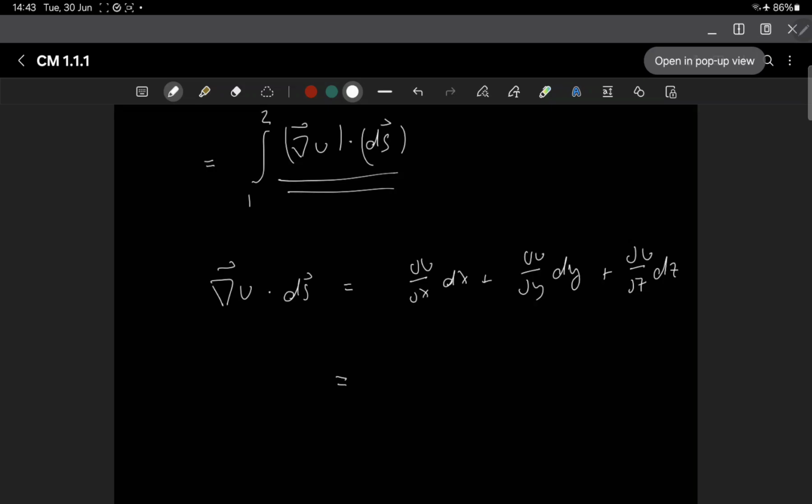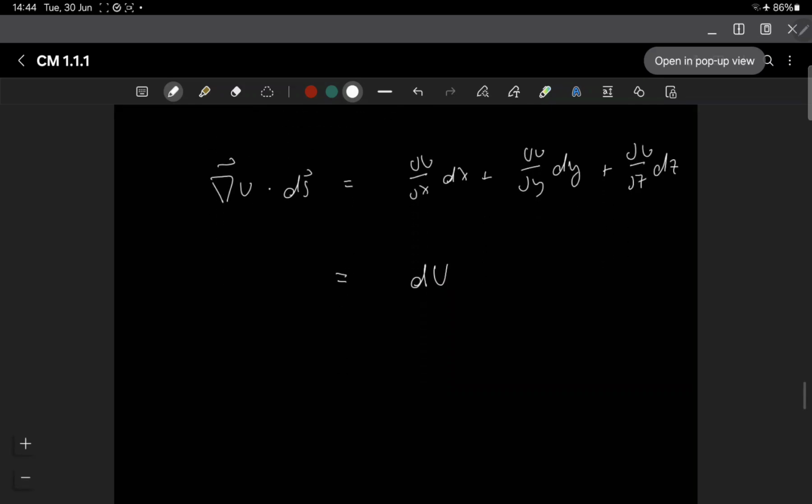And if you remember some calculus, this is nothing but the total derivative of the scalar potential energy. So this is equal to du. So the integral turns out to be the integral of du between points 1 and 2, and this is just u of 2 minus u of 1.